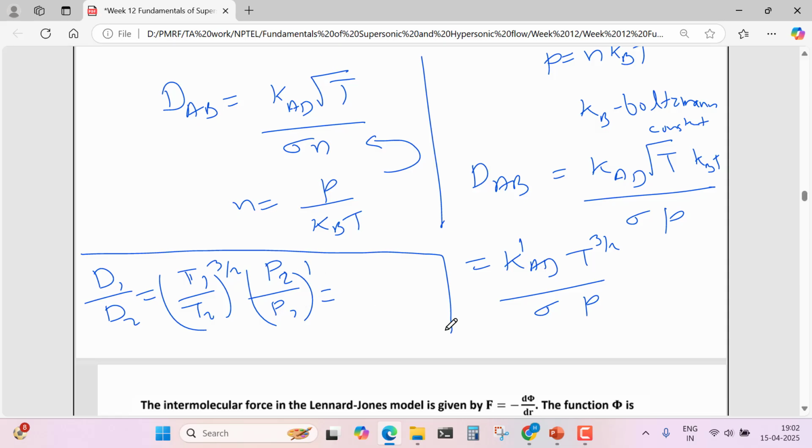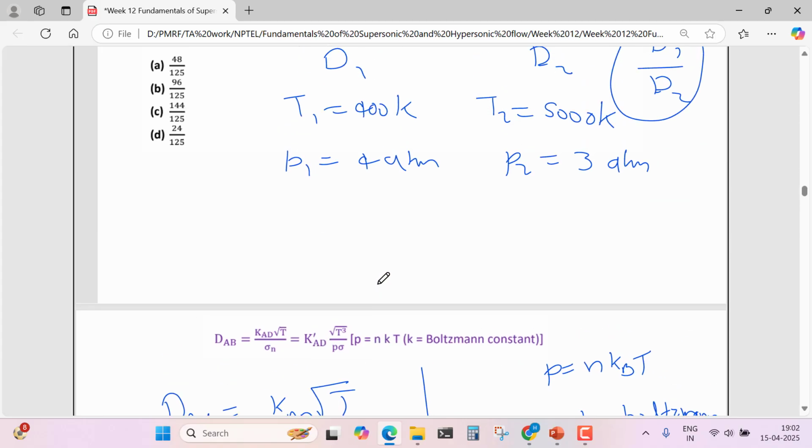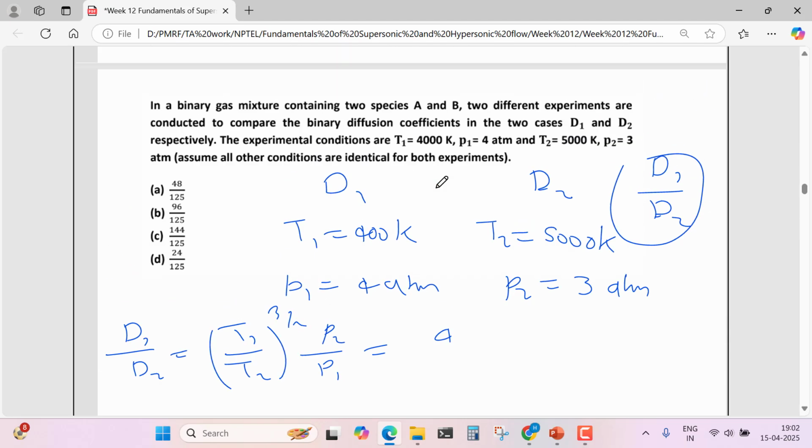So if you put the values, we will write this here. T1 upon T2 equal to T1 upon T to the power 3 by 2 P2 upon P1. T1 is 4000 Kelvin, T2 is 5000 to the power 3 by 2, P2 is 3 and P1 is 4.